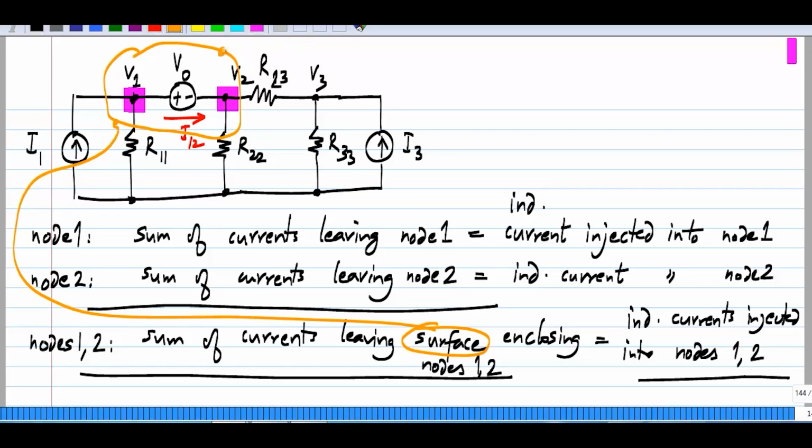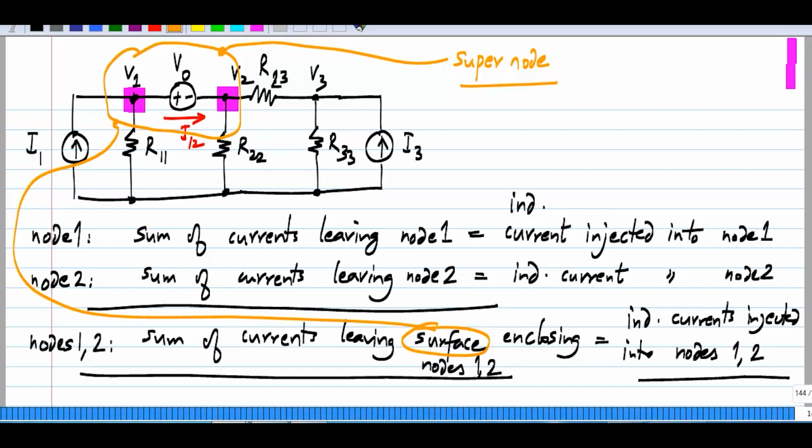Such a surface enclosing multiple nodes is known as a super node. So the bottom line is that if a voltage source is connected between two particular nodes, you form a super node with those two nodes and write the equations for the super node. You take the sum of all currents leaving the super node and equate that to the total current being injected into the super node.